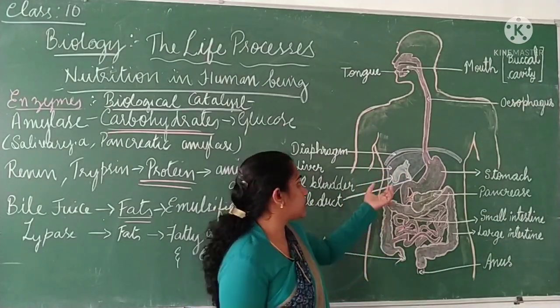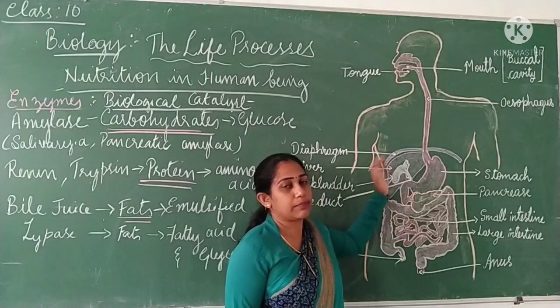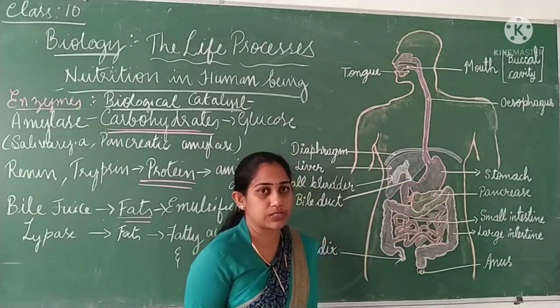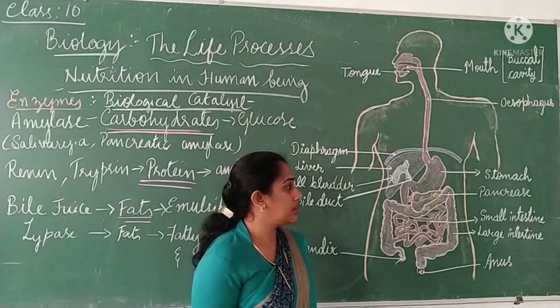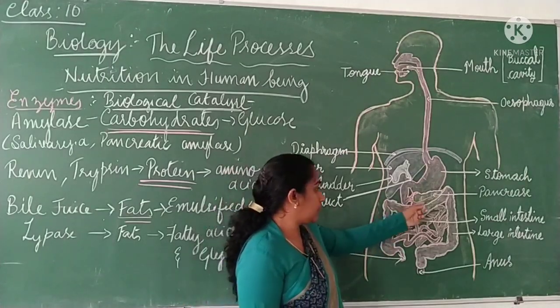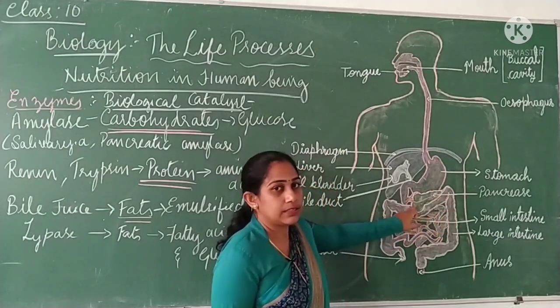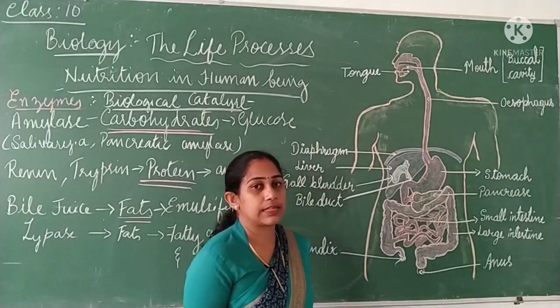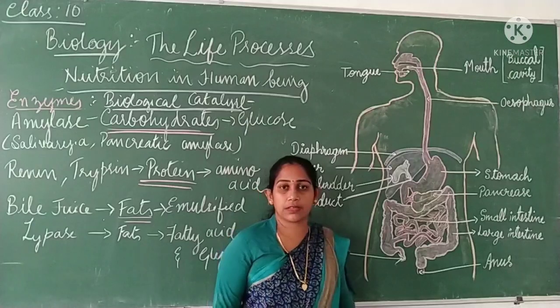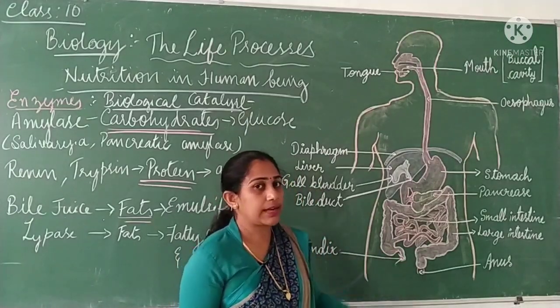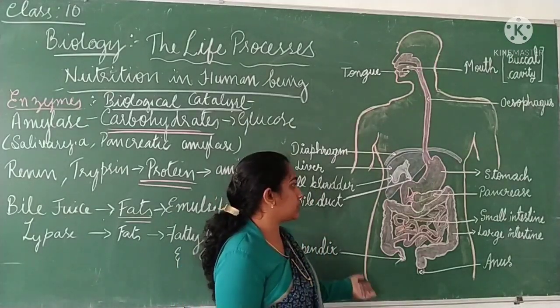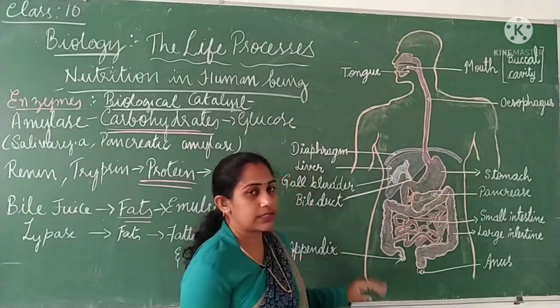That bile juice is stored in the gallbladder and released during the digestive process, so even bile juice helps in digestion. Then there is one more associated organ called the pancreas, which releases enzymes like trypsin, lipase and amylase. This all together forms our digestive system.